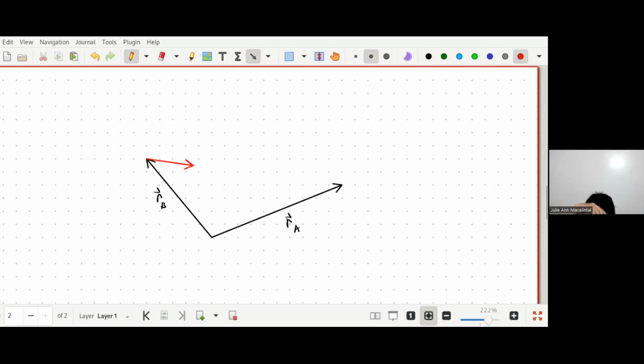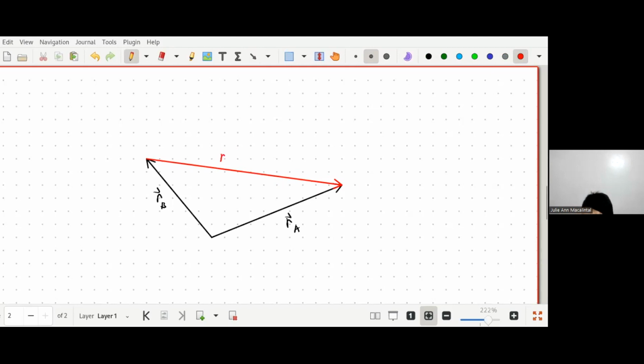So, according to B, R sub A is relative to B. Sorry, from B to A, this is R sub B. So this should be RB plus something equals RA.